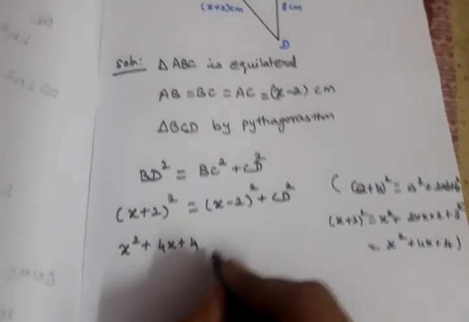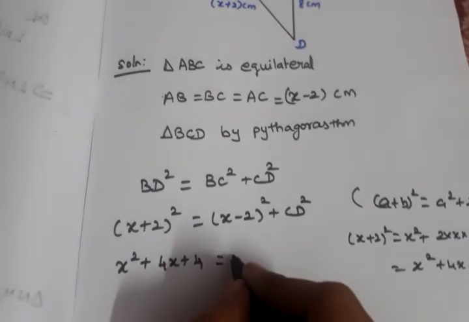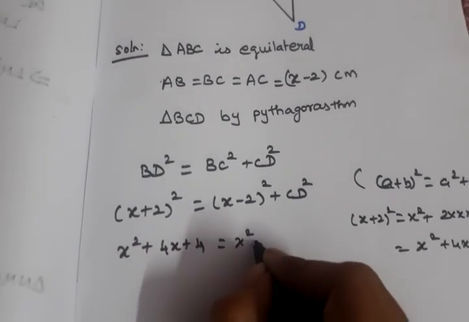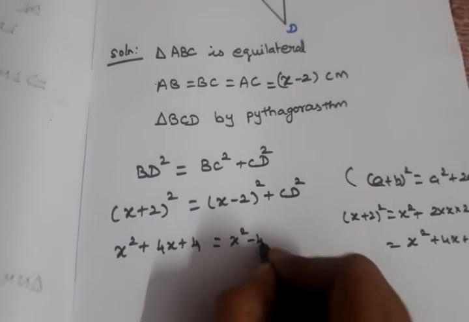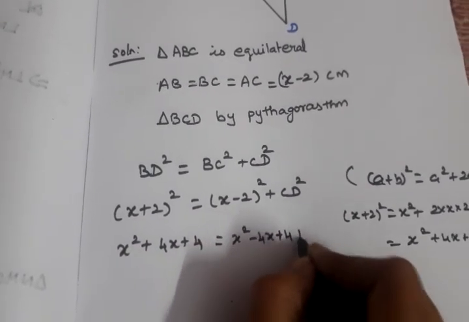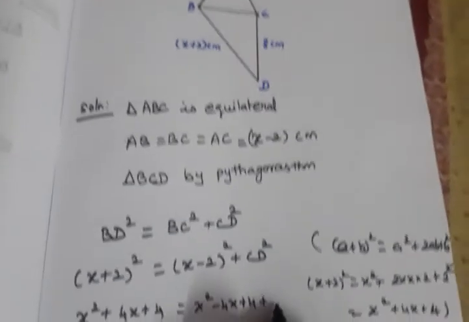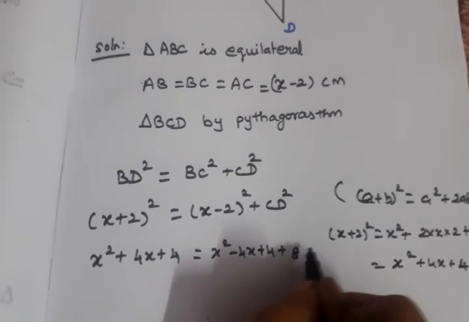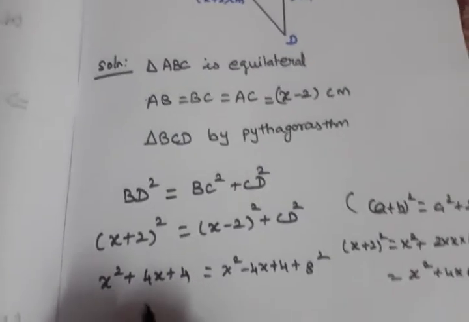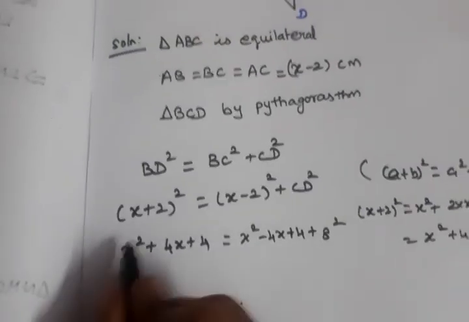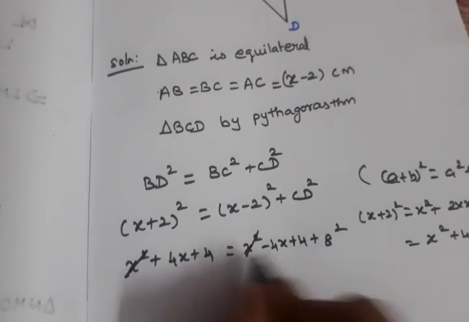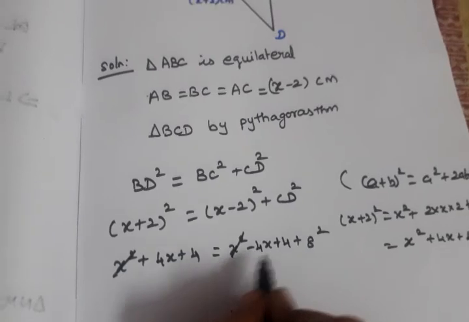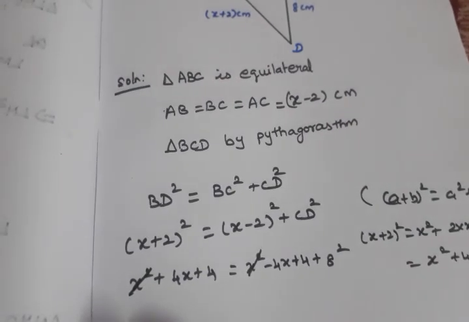So on the other side, the same method: x minus 2 the whole square value, x square minus 4x plus 4, plus CD square.